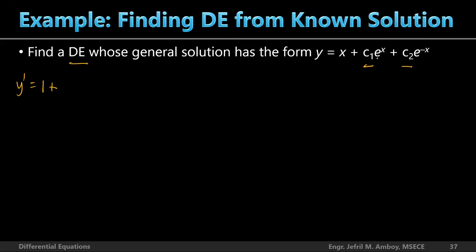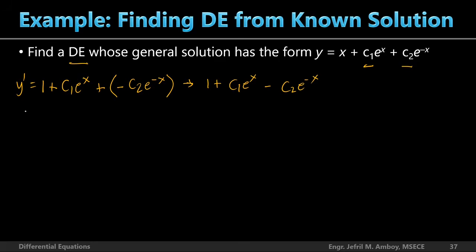Plus, the derivative of this term, so we have c1 e raised to x. Plus, the derivative of this, magne-negative siya ngayon. Lagyan ko na lang dito ng negative. Negative c2 e to the negative x. Okay, so let me rewrite this as 1 plus c1 e to the x minus c2 e to the negative x.